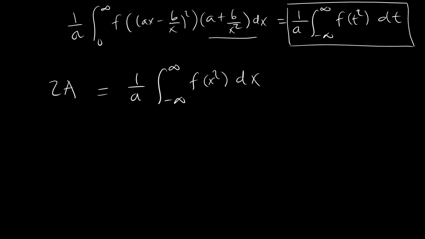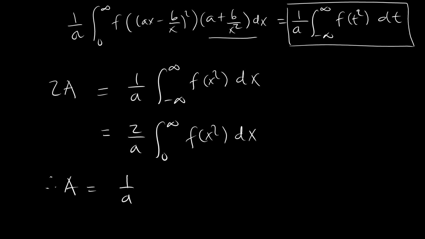But we see that x is squared in there, so we can say that this is the same as twice the integral from 0 to infinity of f(x squared), right? And therefore A is equal to 1 over a, lowercase a, times the integral from x equals 0 to infinity of f(x squared) dx.